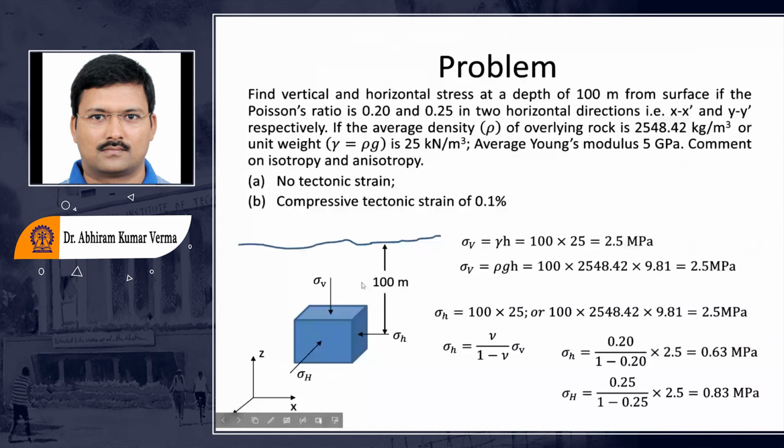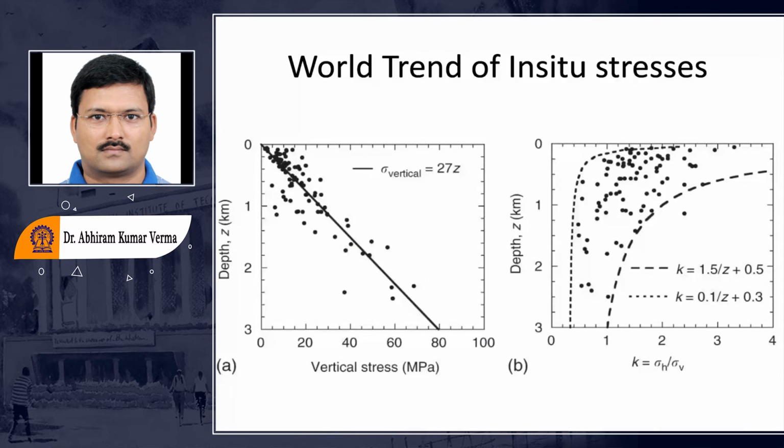Now people have tried to measure these horizontal and vertical stresses around the world, and a lot of data has been collected. You can see the data points plotted with the y-axis as depth and the x-axis as vertical stress. As the depth increases, we have these data points from around the world.